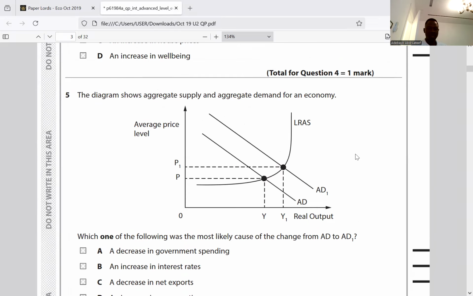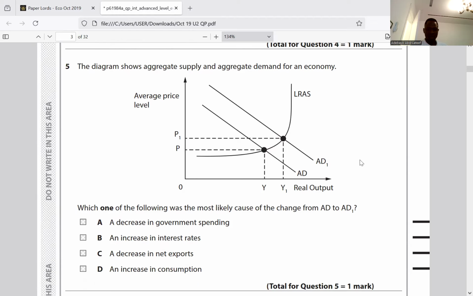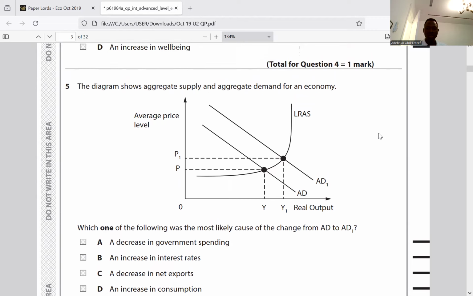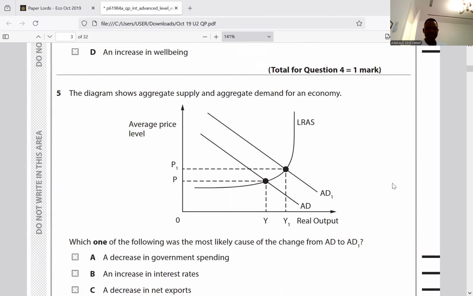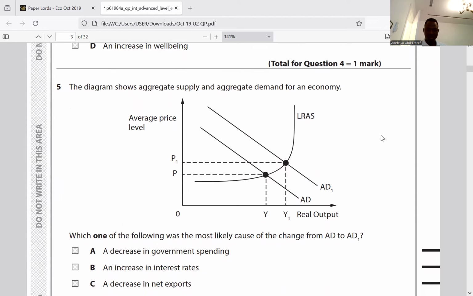It said, the diagram shows aggregate supply and aggregate demand for an economy. Which one of the following was the most likely cause of a change from AD to AD1? So what kind of graph is this? This is a Keynesian long run aggregate supply graph.